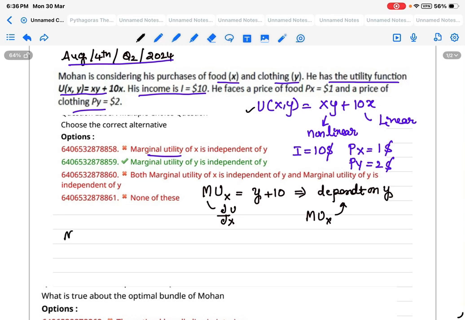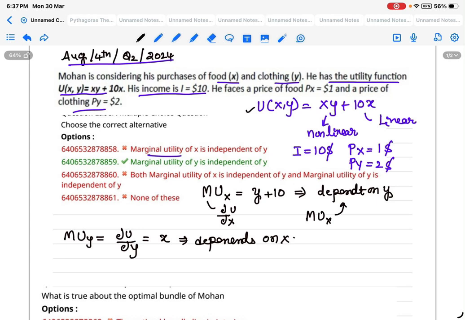Next, MUy, the marginal utility of y, is dou u by dou y, which equals x. This depends on x.